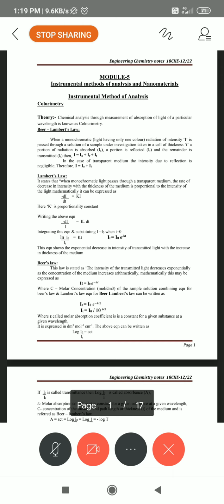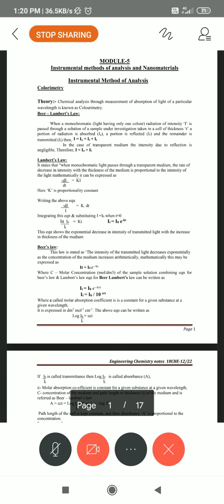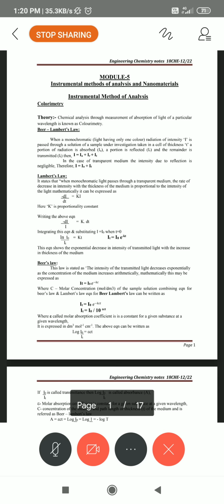Then you prepare the Spadns reagent also. Afterwards, you can take 10% sodium arsenite, or sodium bisulfite also can be used. First you label the flasks 1, 2, 3, 4, 5.